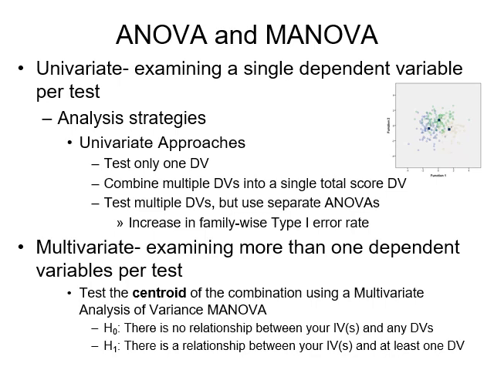We could also test multiple DVs, but use separate ANOVAs. The problem with this, though, is that if we're doing that, we're going to increase our type 1 error rate. So again, every time we run a test, that test's estimates of how likely it is that we are finding a result not due to chance are based on a probability estimate that we're only conducting one test.